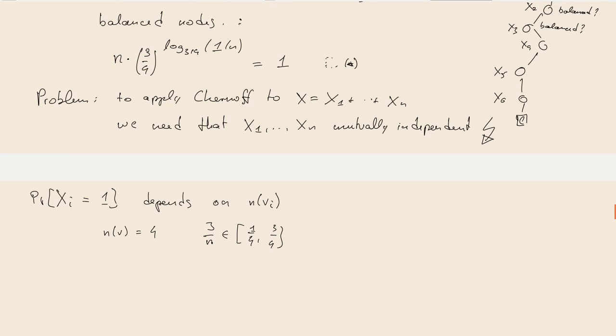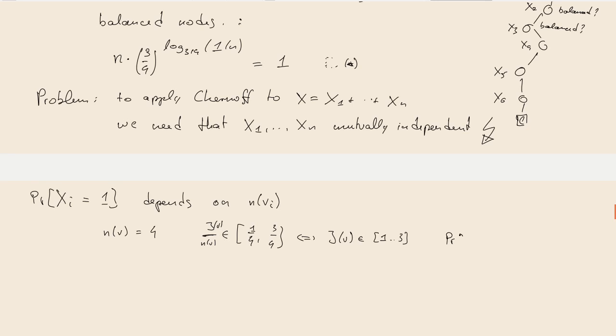And if now n is 4, we can multiply through, and it means that this is exactly fulfilled if we have j between 1 and 3.